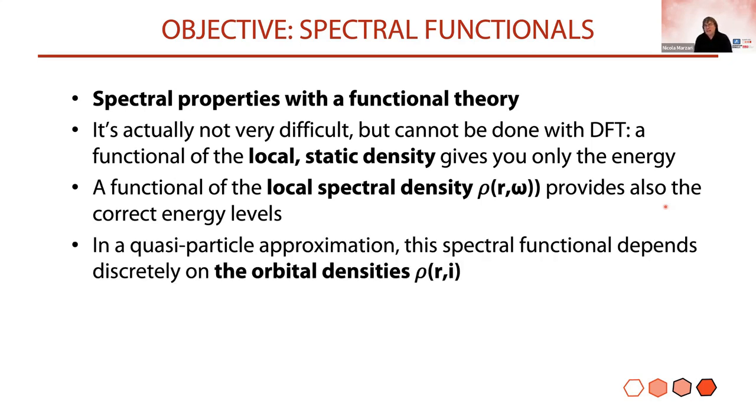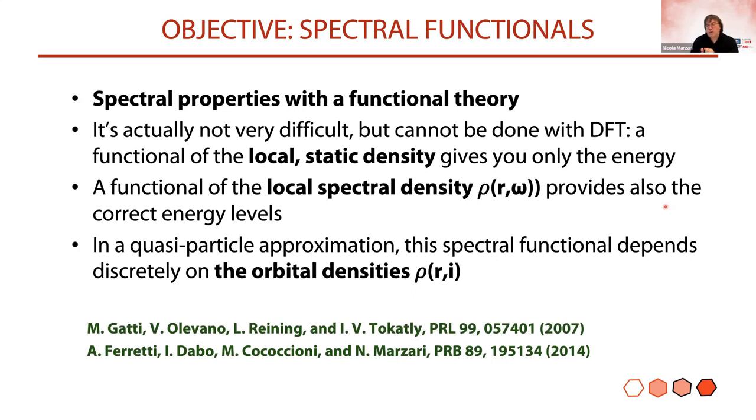The spectral density becomes very intuitive when you think of it in a quasi-particle approximation. Only certain omega become engaged, and these are nothing else than the orbital densities. So by going from a static theory of the local density to a dynamical theory of local orbital densities, we could predict spectral properties.